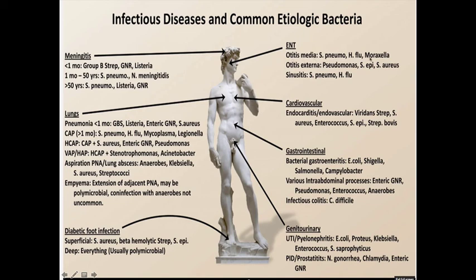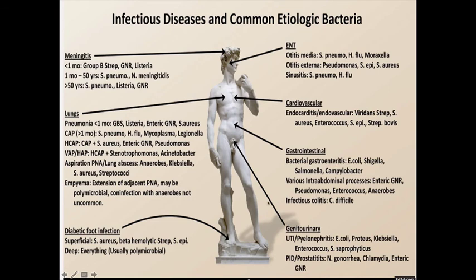And these are the organisms that oftentimes are implicated. Sinusitis, right? These are the organisms that are oftentimes implicated. Otitis externa, endocarditis. Then we've got our GI microbes down here.